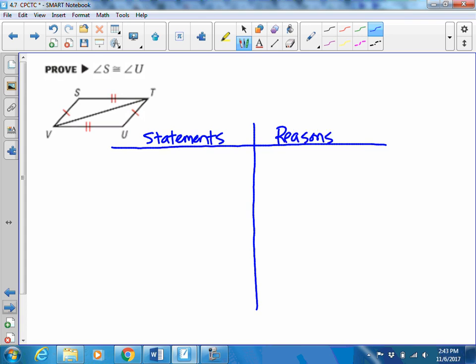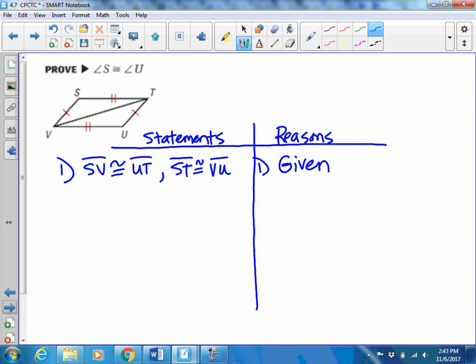And then when I list my givens, I'm going to name the two sets of sides congruent as my givens. So one of them can be segment SB is congruent to segment UT, and then the top and bottom, segment ST congruent to BU.